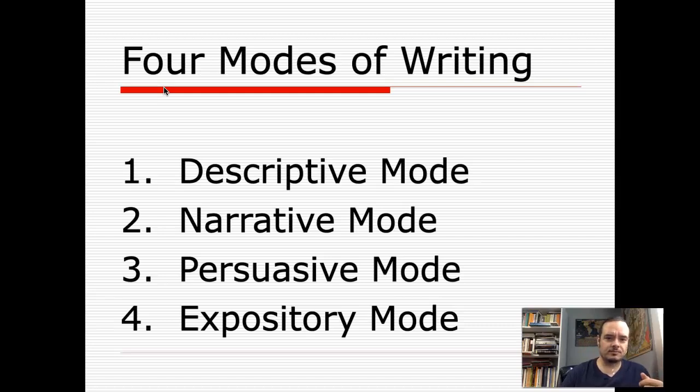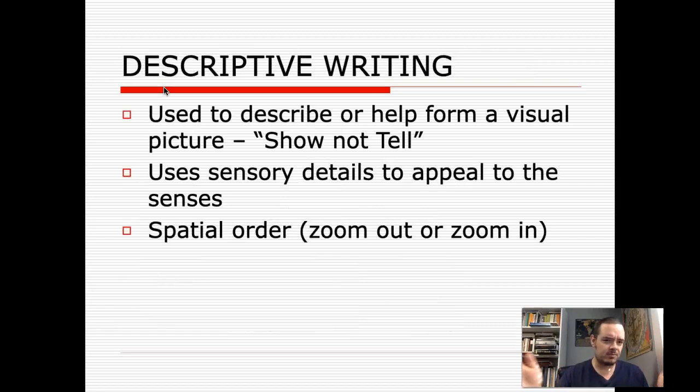Now, we've talked about informational text, and informational text usually uses modes 1 and 4, descriptive and expository modes. Okay, so you're still like, well, what are the modes, Mr. Varn? Let's go into the basics.